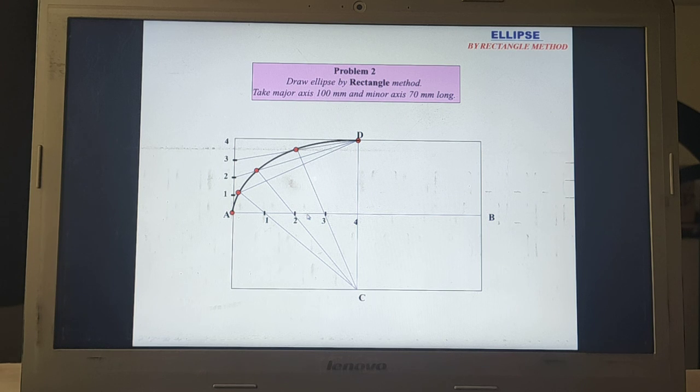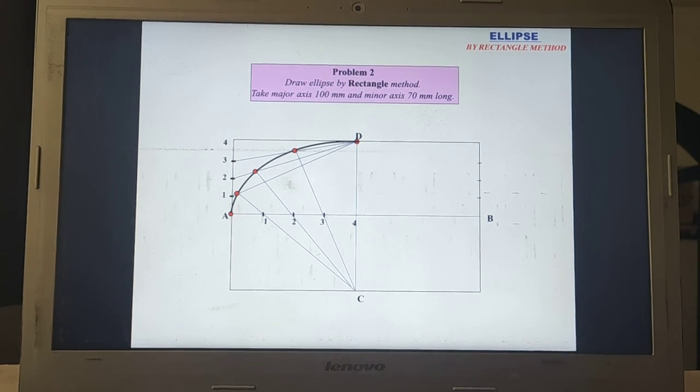So this is how we can complete a quarter of an ellipse. For the next part, the same procedure needs to be followed.